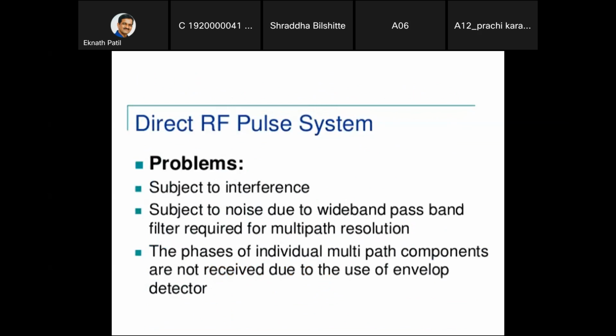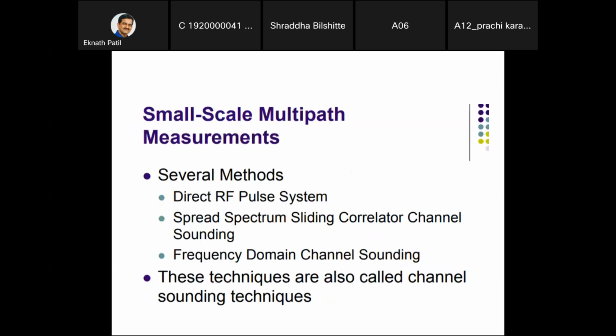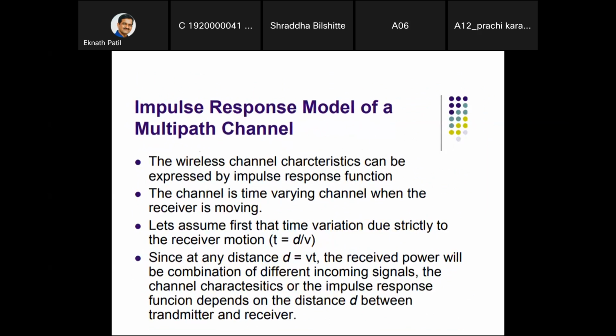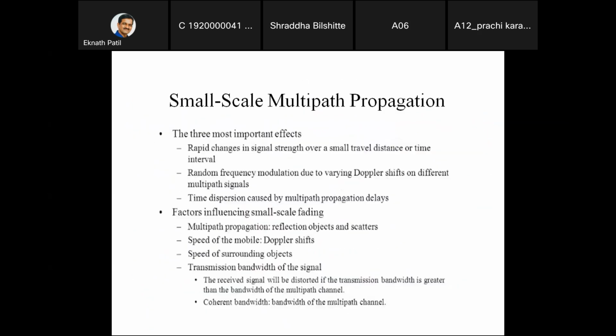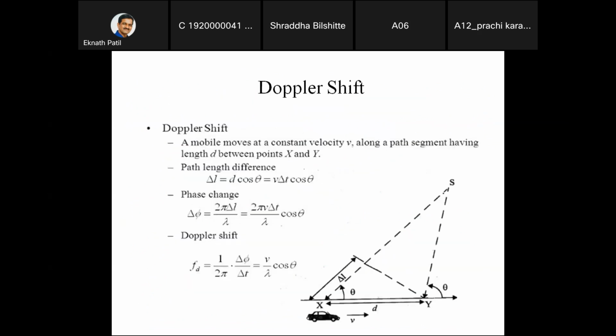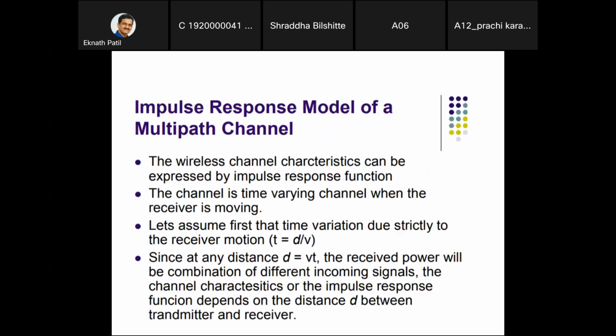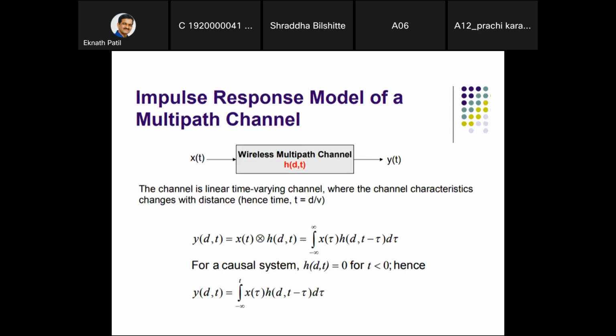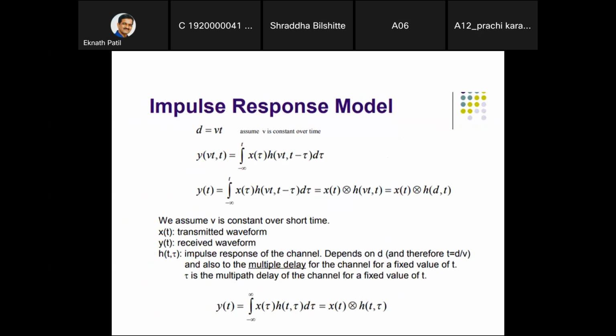So we have discussed today this particular part, that is small scale fading, in which in the first part we discussed small scale multipath propagation, on which factors it depends, the factors influencing small scale fading, and Doppler shift we have discussed completely. One example we have seen, an impulse response model for the multipath channel, and how the multipath channel affects, and all these things we have discussed.